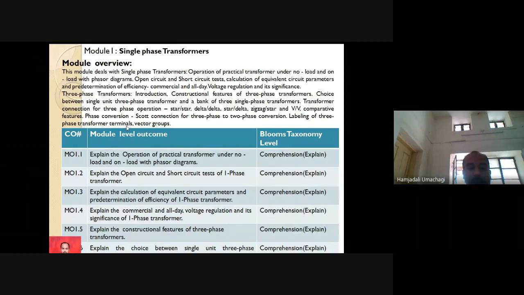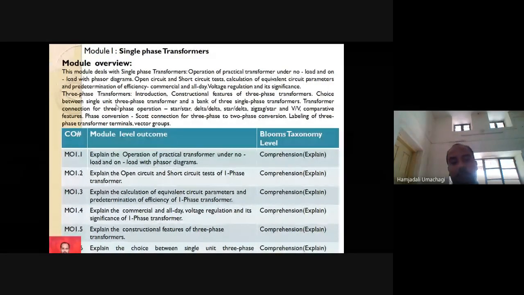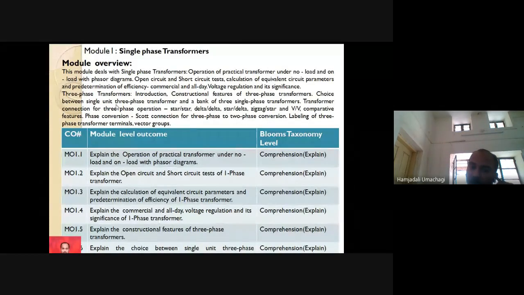Then comes labeling of three phase transformer terminals. Labeling means the manufacturer of the transformer. In the company, after manufacturing the transformer, they are going to hand over a data sheet. Yes or no? Whenever you purchase any electrical machinery or some high cost electrical gadget, they are going to give a set of rules. Those set of rules or operating conditions, we usually call the data sheet.